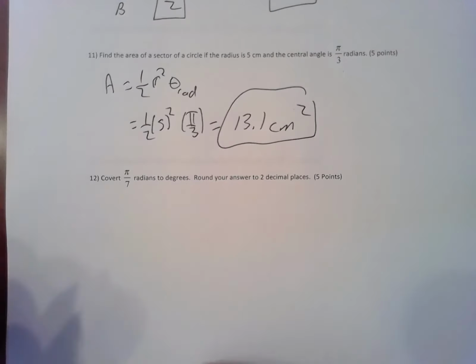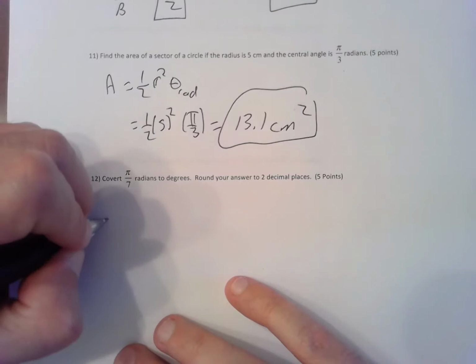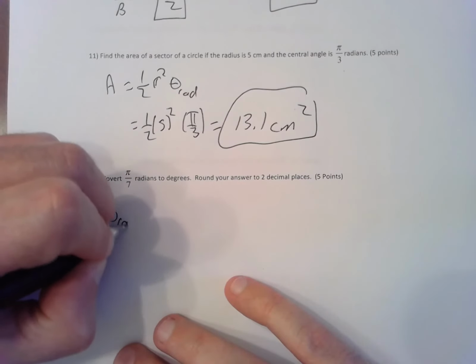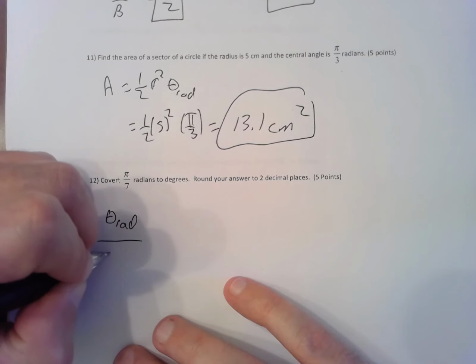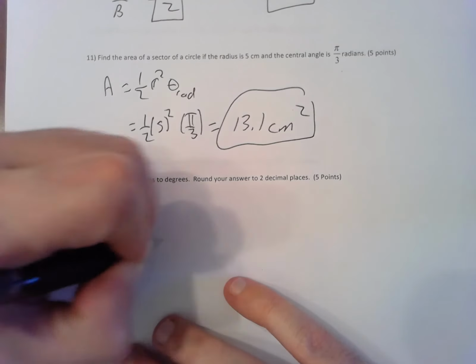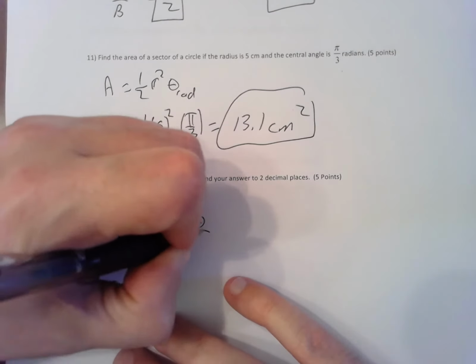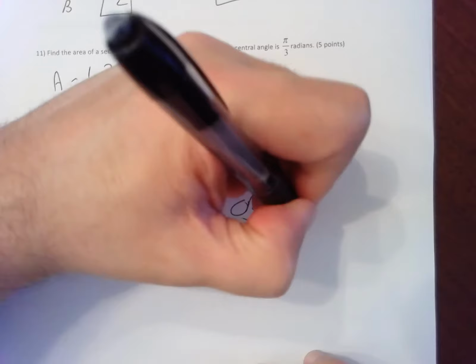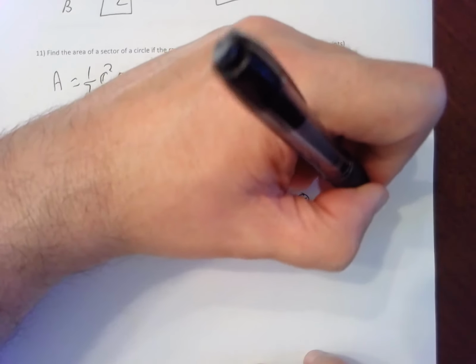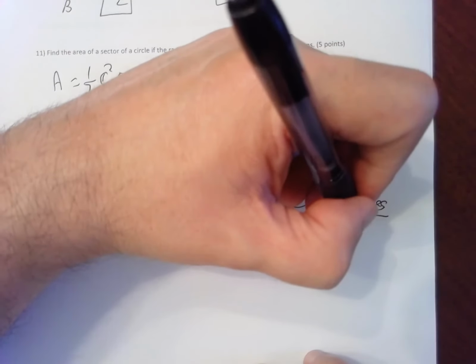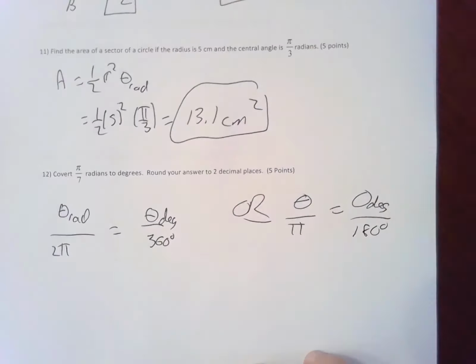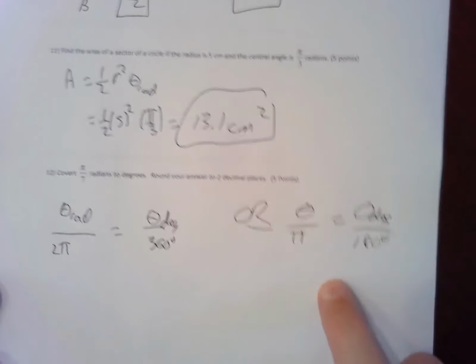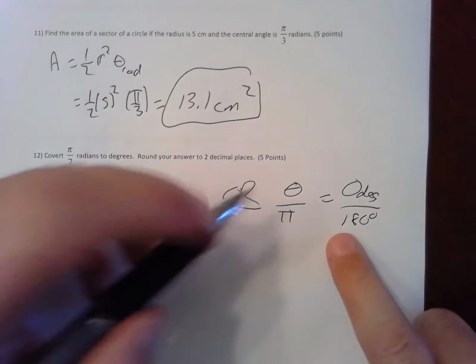Okay, we want to convert this from radians to degrees. So I do theta in radians over 2 pi equals theta in degrees over 360, or you can do theta over pi is theta in degrees over 180. Either one's fine. I don't know, this one's a little less work. We'll do this one.